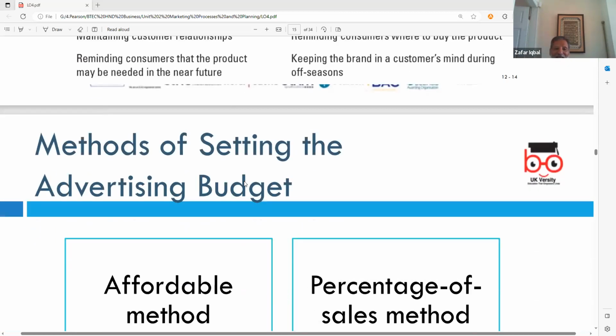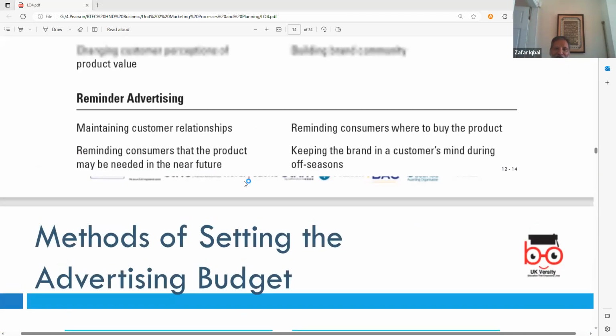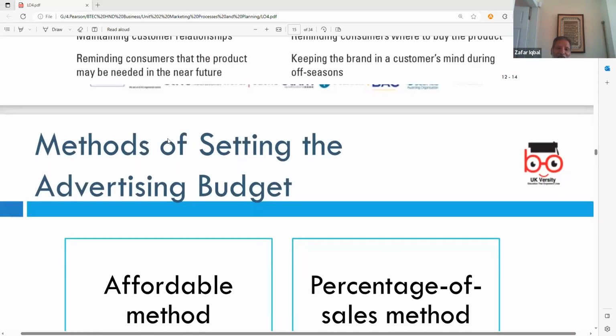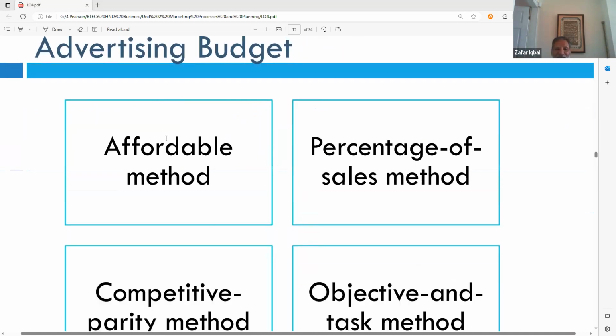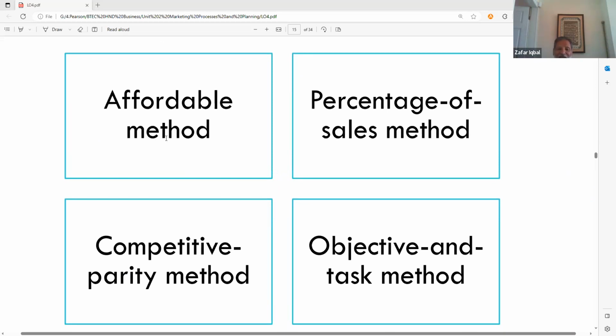Okay, methods of setting the advertising budget. So first of all, when we are advertising, we have to have a budget, and the tools we're going to be using are different. So you need to make sure that you have the budget, the methods and the tools of advertising. The budget has got to be very economical. It's got to be affordable, competitively priced, and it's creating the objectives of the campaign.